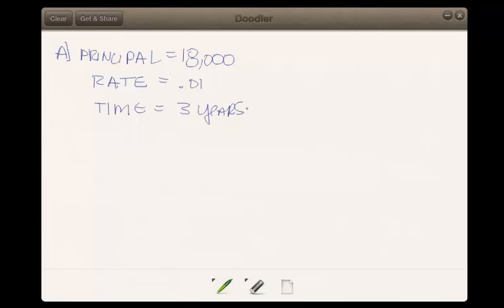Remember, time always needs to be expressed in terms of years because the rate is expressed in terms of years. So to determine the interest, we have 18,000 times 0.01 times 3, which if you were to plug into your calculator is $540.